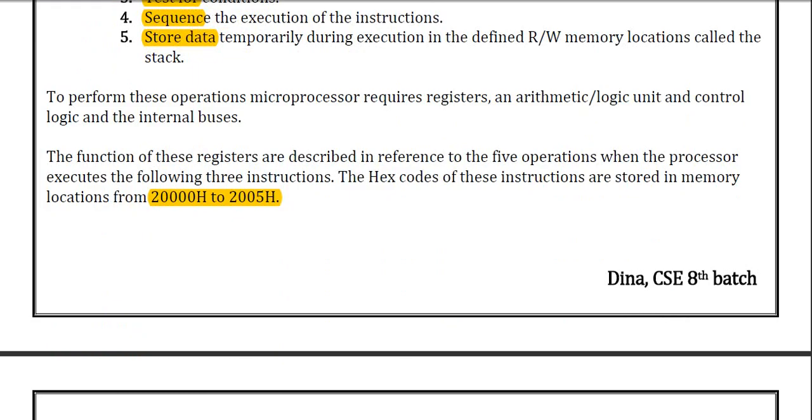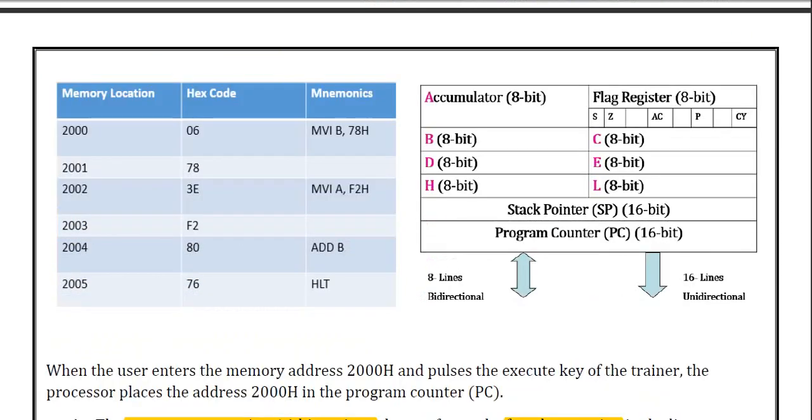Here you can see the functions of those registers described in reference to 5 operations, and when the processor executes the following 3 instructions, the hexadecimal codes of the instructions are stored in memory locations from 2000 to 2005 hexadecimal. This diagram is very important from your examination point of view.